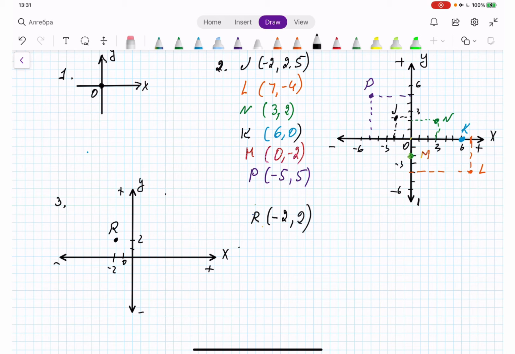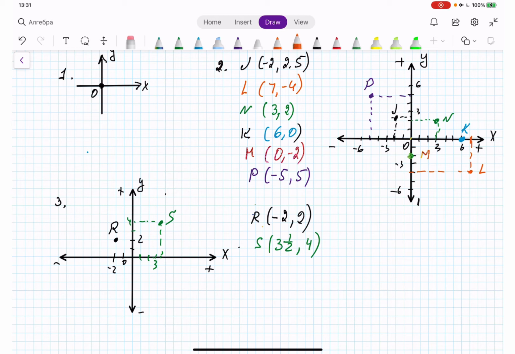Next, I am picking green color. S is going to be 1, 2, 3 and a half, let's say. And this is 2, 3, 4. So letter S has x as 3 and a half, and y is 4. Okay.